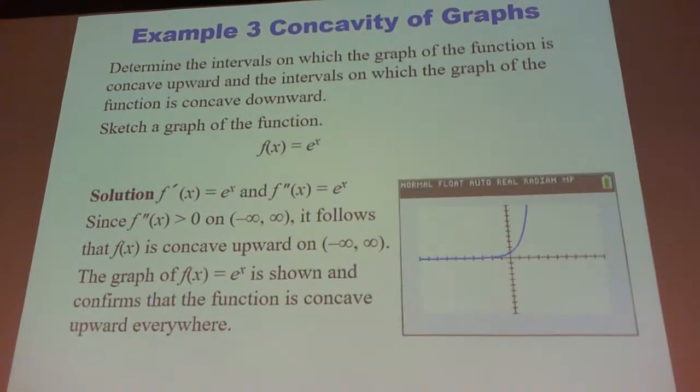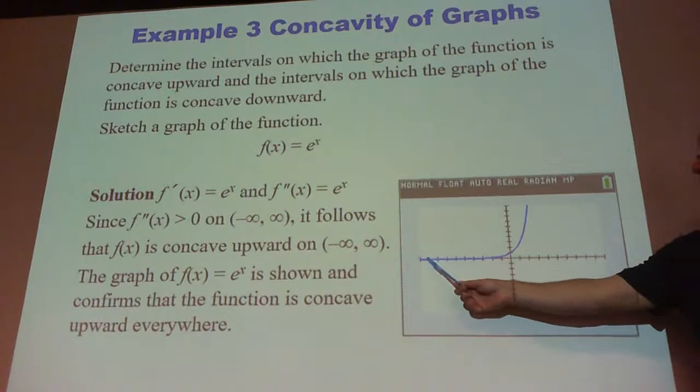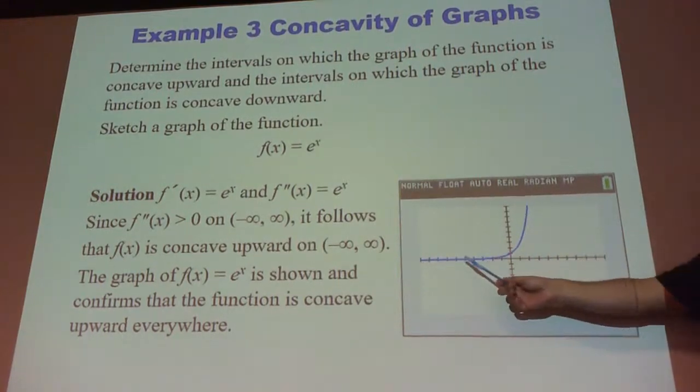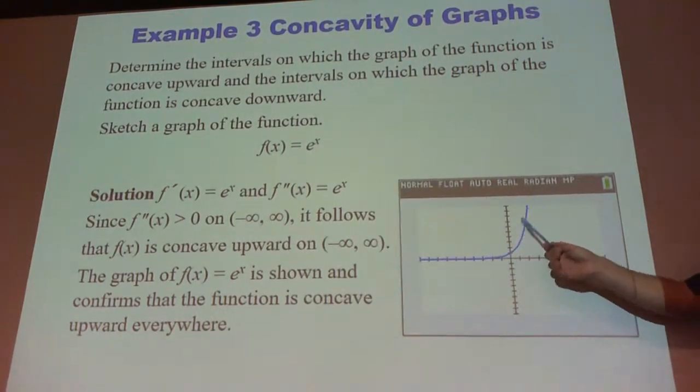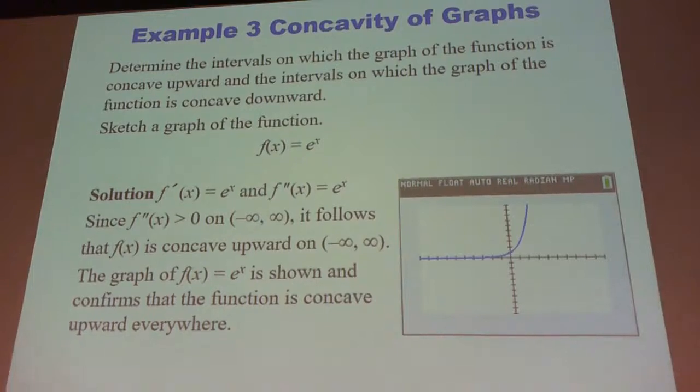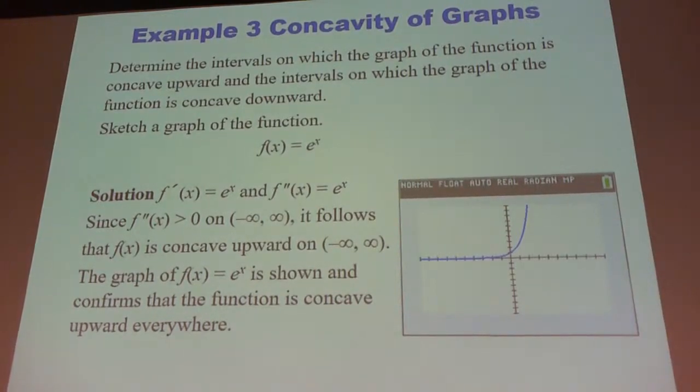And if we graph e to the x, notice that e to the x is concave up the entire portion. The domain is all reals. So if I do the sign chart for that, I go to my calculator.